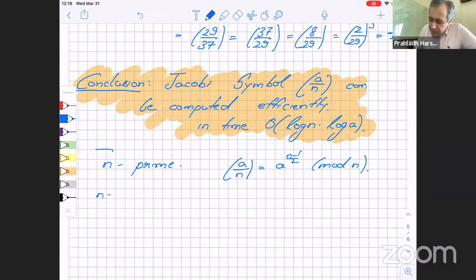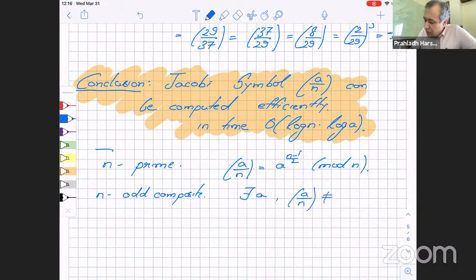What we will show is if n is an odd composite, then there exists an a such that a by n is not equal to a power (n minus 1) by 2 mod n. There is at least one a which does not have this behavior.